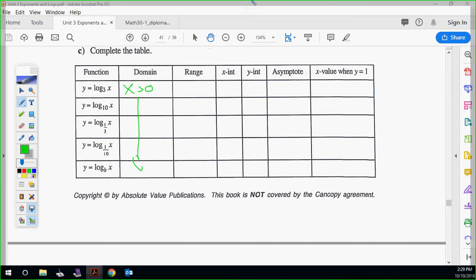Range. The range is now what? Because it flips. What was the exponential's domain? All real numbers. So this is y is all real numbers for all those. Remember, we didn't have an x-intercept for exponentials, but we do have one for logs. It's always what? 1.